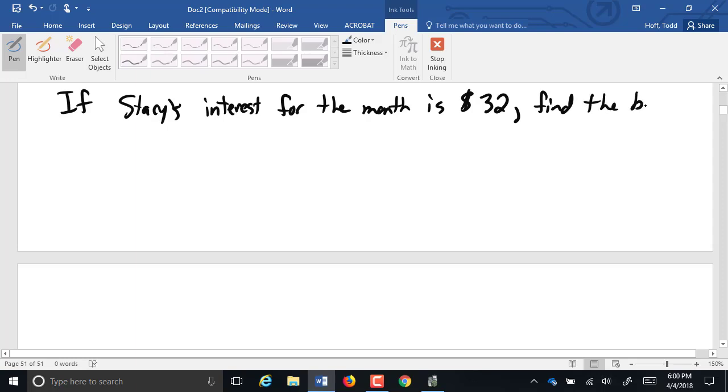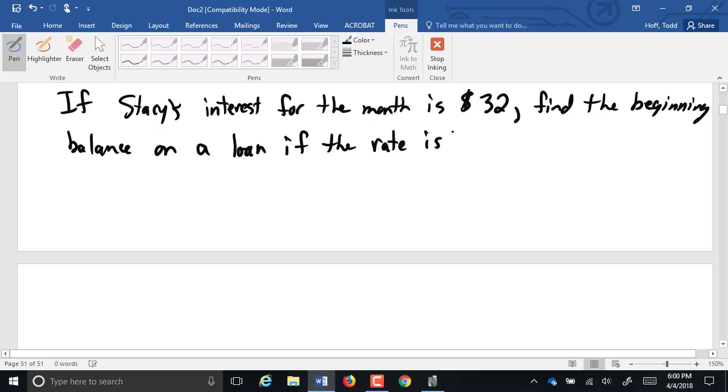Find the beginning balance on a loan if the rate is 6.4%.